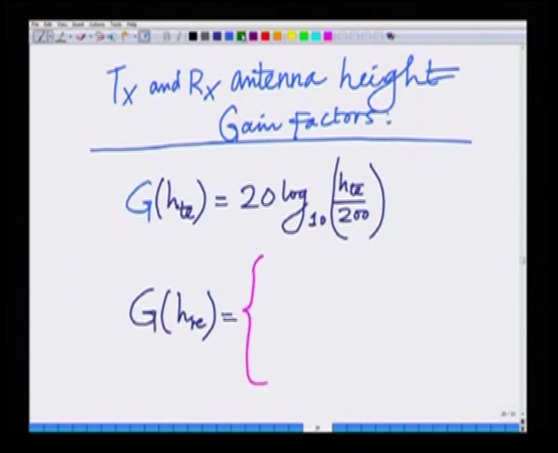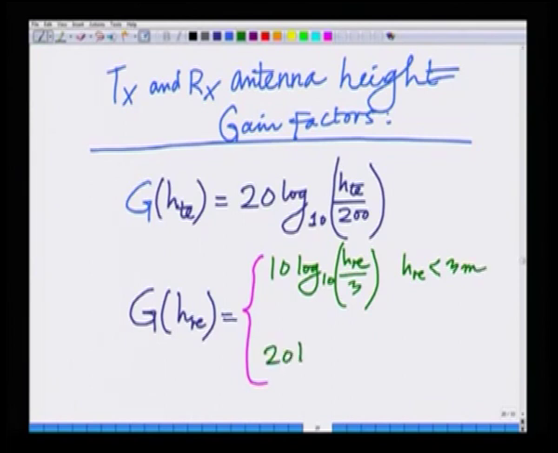That is given as 10 log 10 HRE by 3 if HRE is less than 3 meters, and that is given as 20 log 10 HRE divided by 3 if 3 meters less than HRE less than 10 meters. All right.